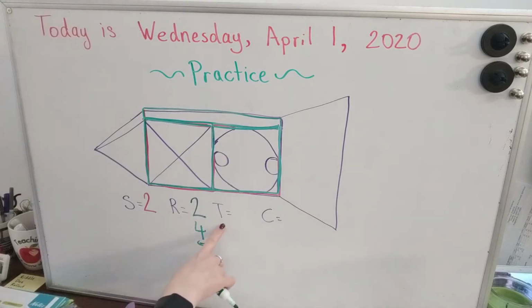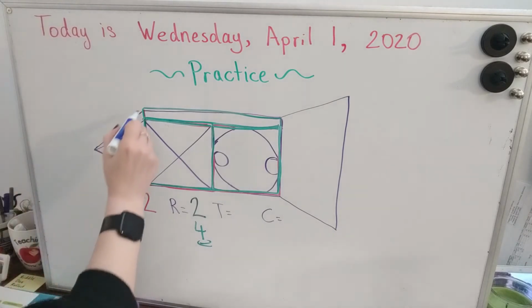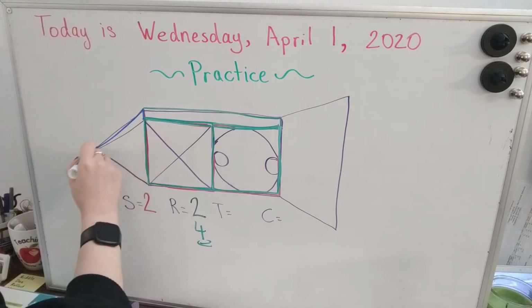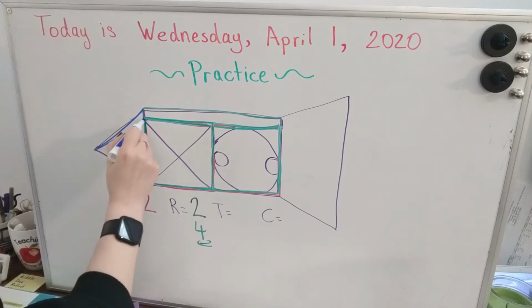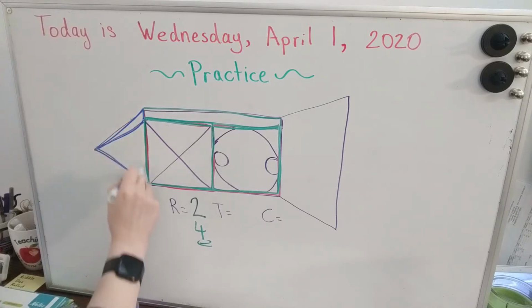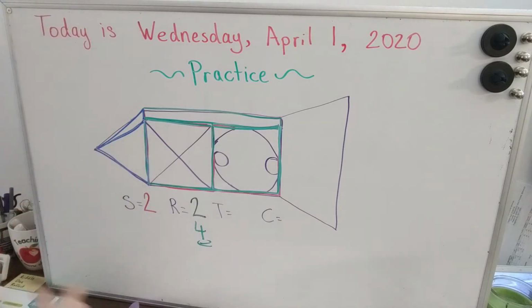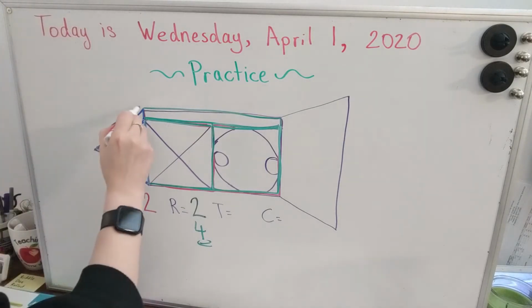Let's look and count our triangles. Here is a triangle. There's 1. Here's another triangle. That's 2. I'm going to change the color to show the 3rd one.